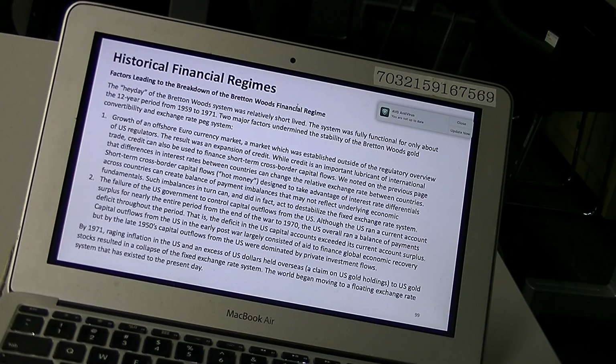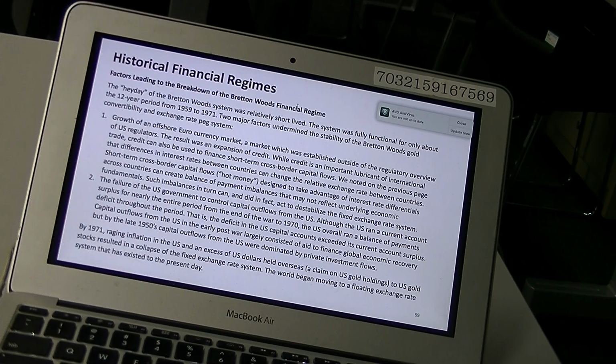But in the 1960s, that was dominated by private investment flows. So by 1971, you had great imbalances, inflation in the United States, and an excess of U.S. dollars held overseas. It led to a collapse of the fixed exchange rate system. It's very detailed.